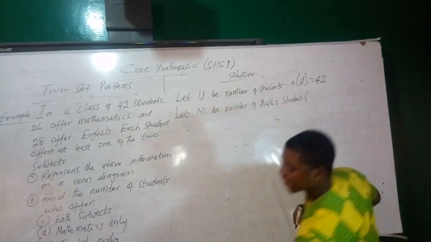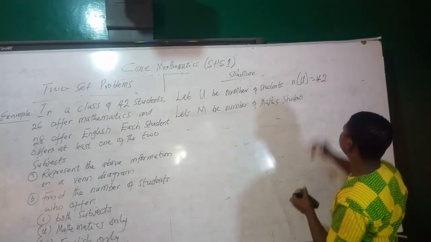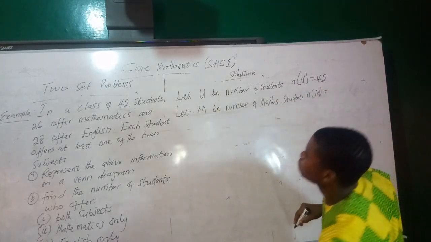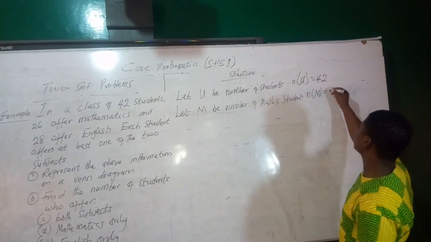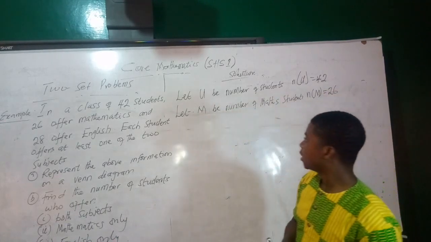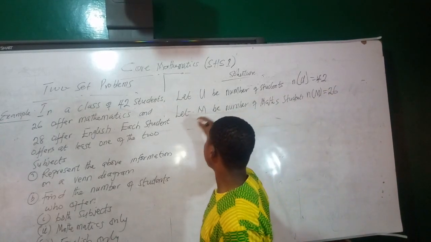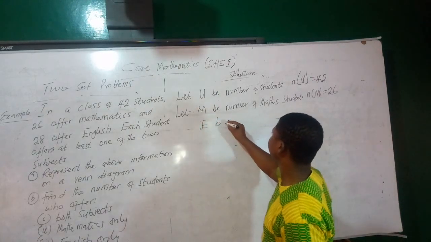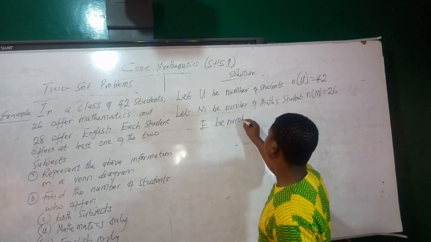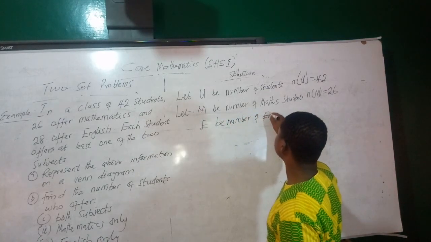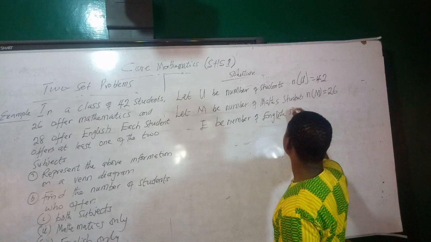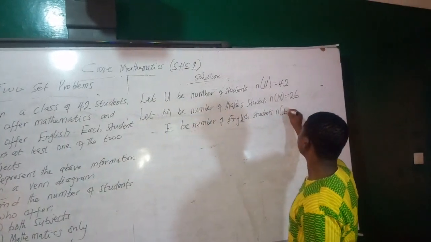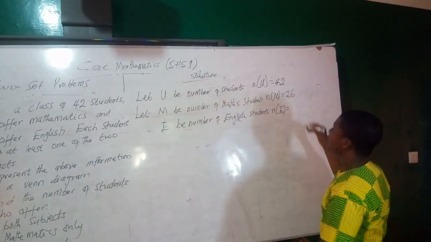So we have n of M, and that is also given from the question as 26. Then E be the number of English students. n of E is 28.